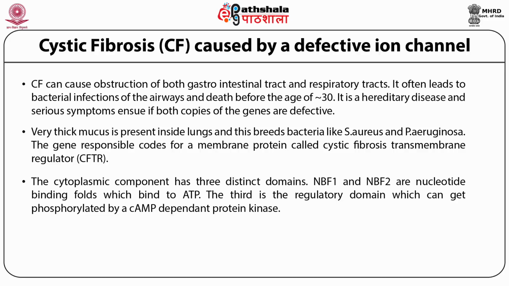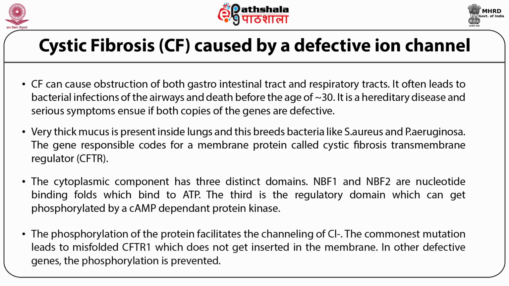The normal CFTR is an ion channel for chloride anion. The phosphorylation of the protein facilitates the channeling of chloride anion. The commonest mutation leads to misfolded CFTR, which does not get inserted in the membrane. In other defective genes, the phosphorylation is prevented.